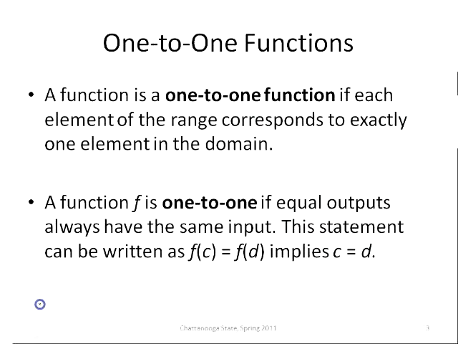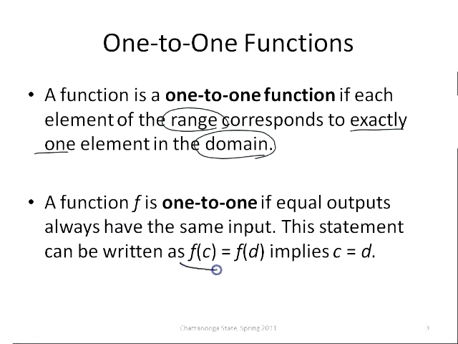Now, in order to be a one-to-one function, each element of the range corresponds to exactly one element in the domain. So this is kind of backwards. You still have the qualification that it's a function, but a one-to-one function is special because not only does each x go to one y, each y has only one x.